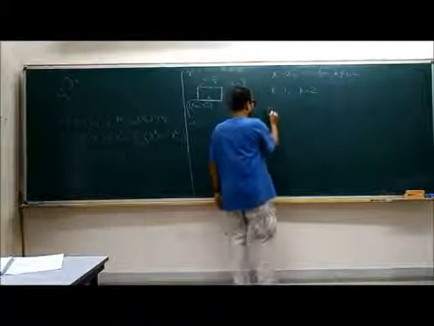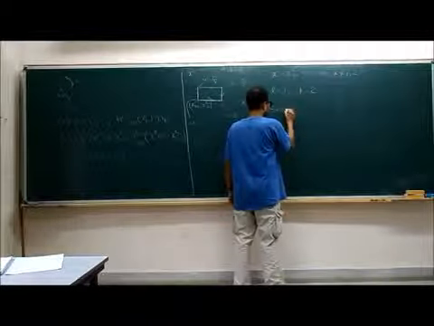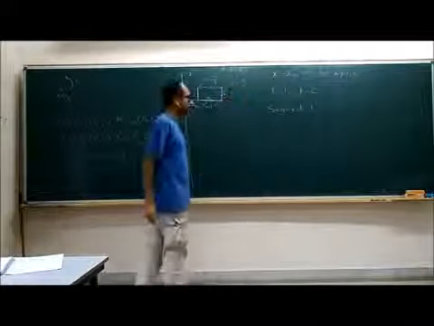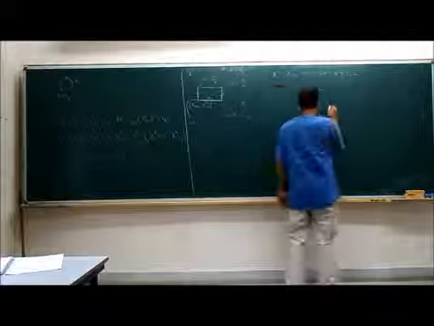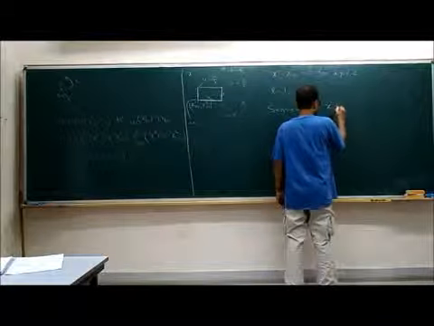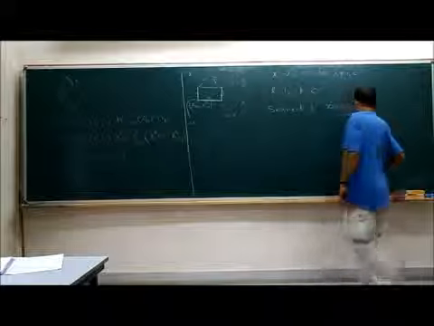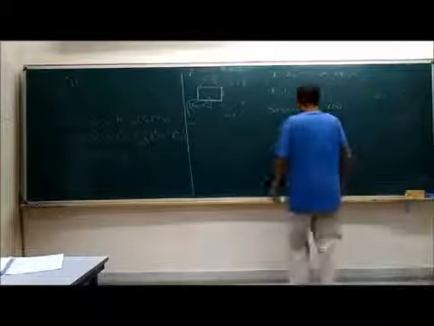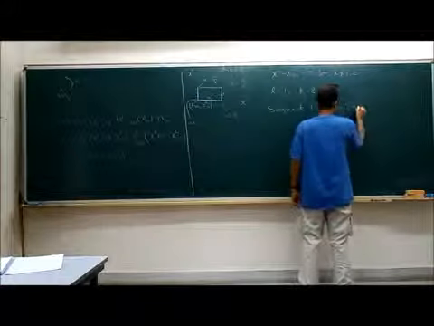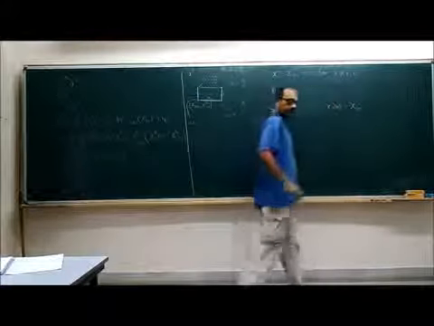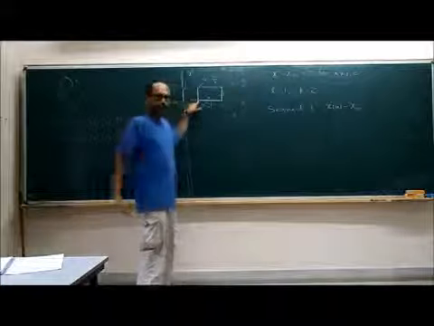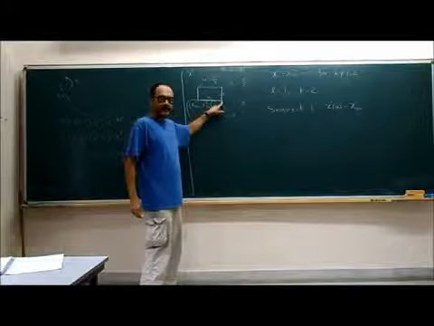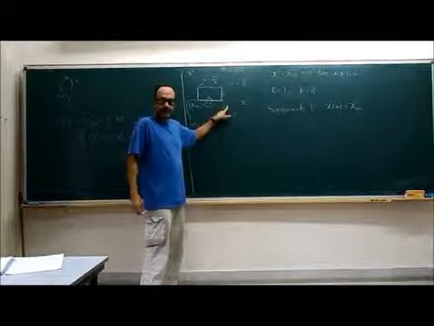So let's start with segment 1. What is x1 as a function of u on segment 1? It starts from x1 naught and goes up to x1 naught plus a, because x1 is changing by a.